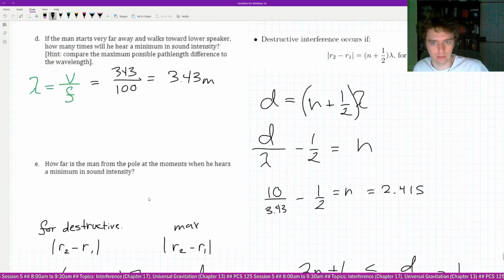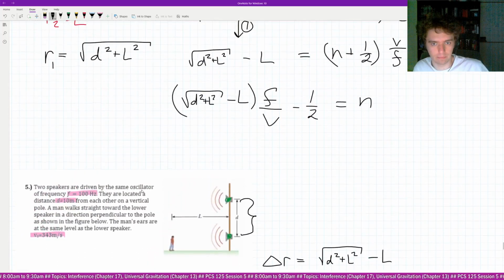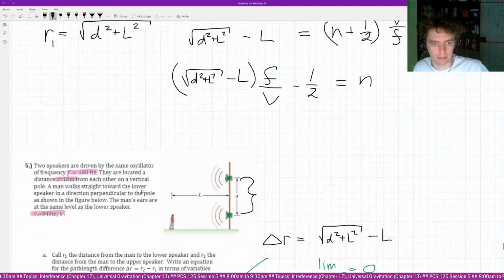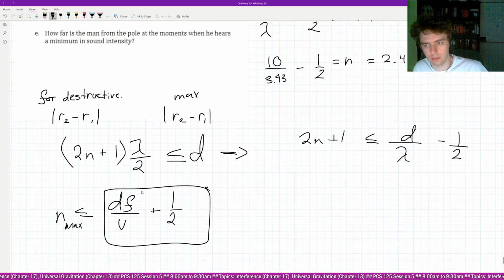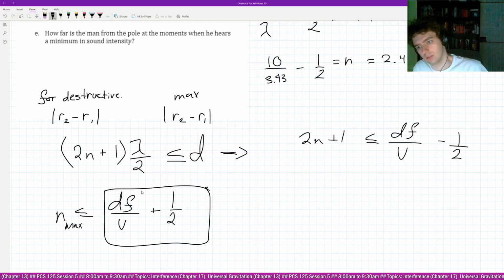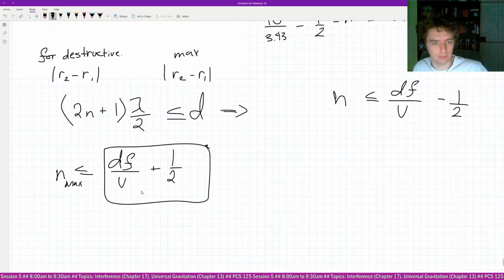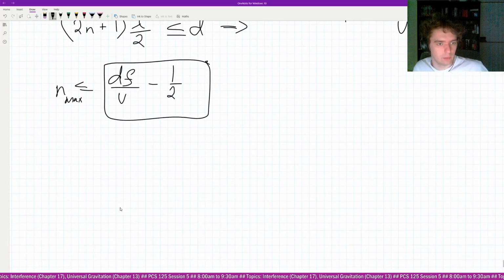What did we say lambda was? Lambda was v over f, so it's going to be f over v. So d f over v minus a half is n. This will be minus half, just because I switched the sign here.